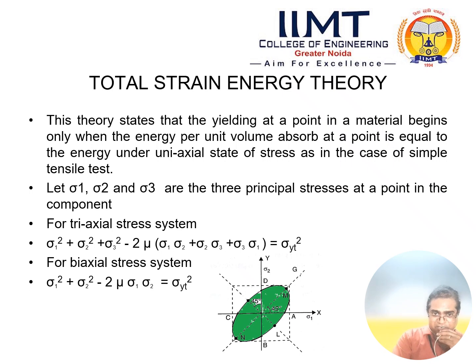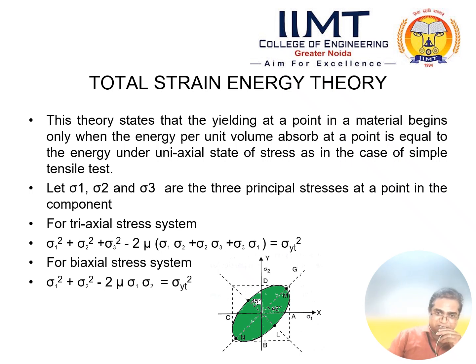For the biaxial stress system, this equation sigma 1 square plus sigma 2 square minus 2 mu sigma 1 sigma 2 is equal to sigma yt square represents the equation of an ellipse, where the line at 45 degrees from the sigma 1 axis in the anti-clockwise direction is the major principal axis, and from sigma 2 at 45 degrees in the anti-clockwise direction is the minor principal axis.